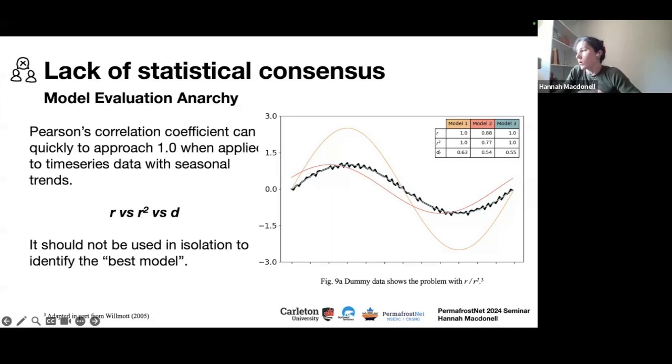And so while Pearson's coefficient might be inflating model performance, we really only care about what it tells us with respect to the other models. So it tells us which model is the best correlated and not necessarily whether it's objectively correlated at all, if that makes sense. So in summary, for this application of evaluating ground surface temperatures, we selected mean absolute error, bias, and Pearson's coefficient.